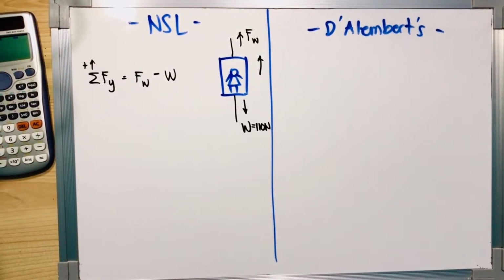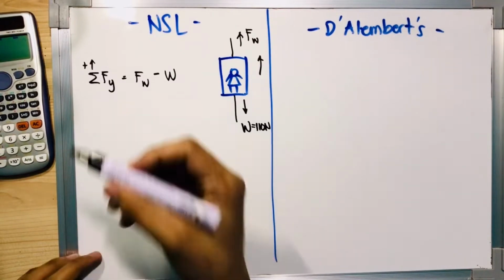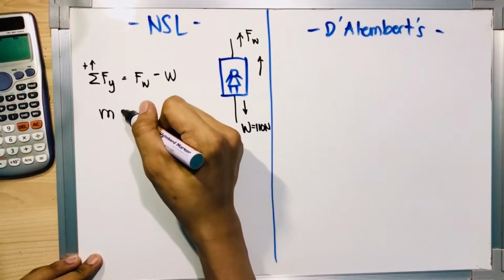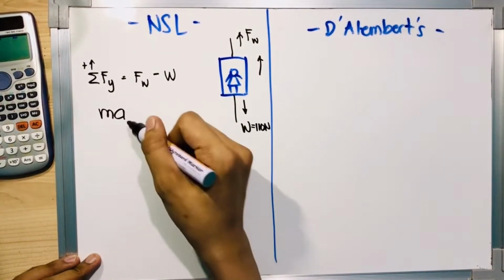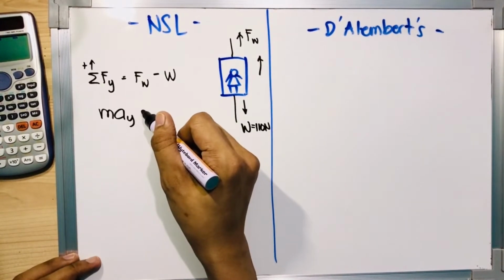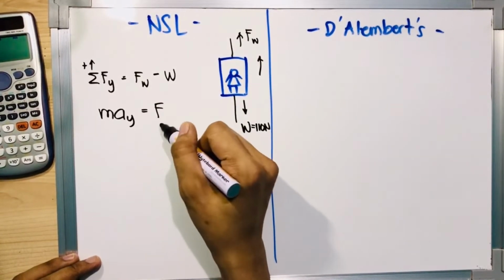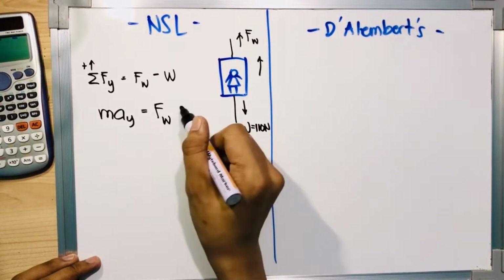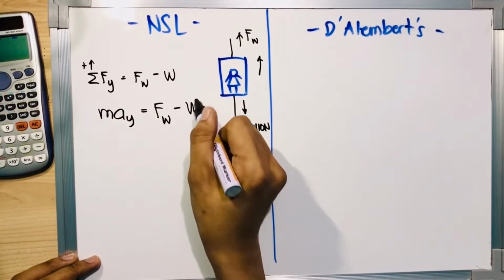So, ano nga ba yung force along y-axis? That would be, we can represent it as MA, okay? MA, pwede sabihin natin MAY, is equal to, ito yung hinahanap, the force exerted by the woman, minus the weight.